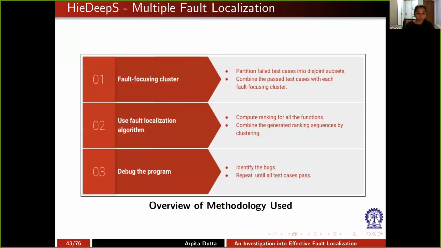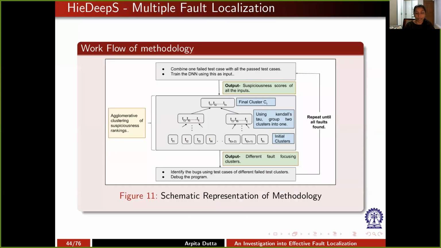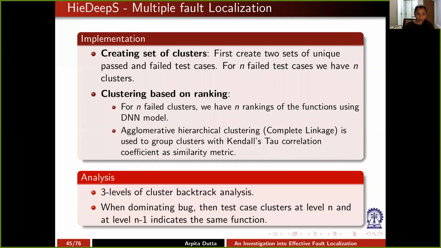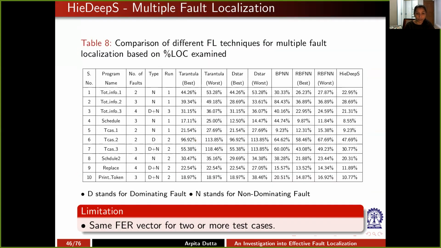Now, for multiple fault localization in this method, we have classified the test cases into different fault focusing clusters, and then used each cluster to localize the bug using our method of clustering. So this is the result, where we can see that we are outperforming.